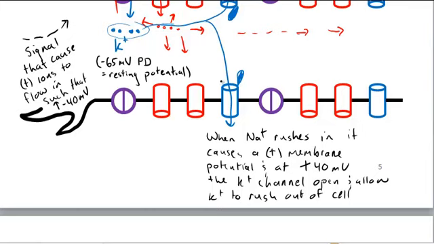And this happens as they diffuse along. This series goes along the axon membrane.